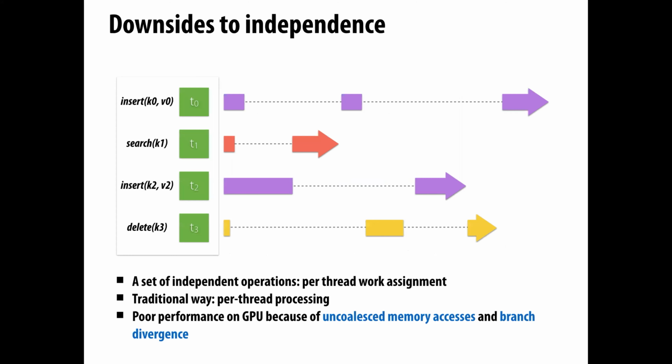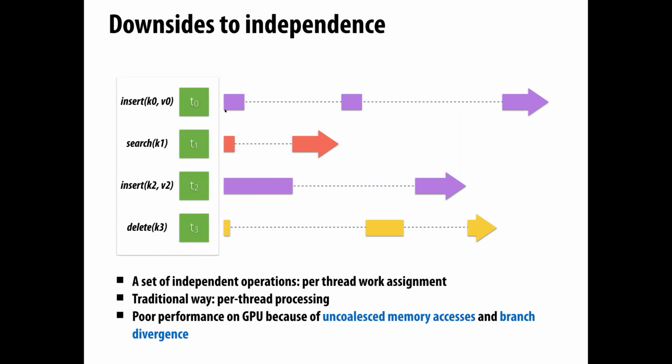But if we do that, we have some real downsides. What actually happens in the hardware is that we have a warp of threads that all run in lockstep at the same time. The size of that warp is 32 threads. So if we've got 32 threads running in lockstep and they want to do different things, our threads are diverging and we potentially lose performance, because this warp can only go down one side of a branch at any given time.